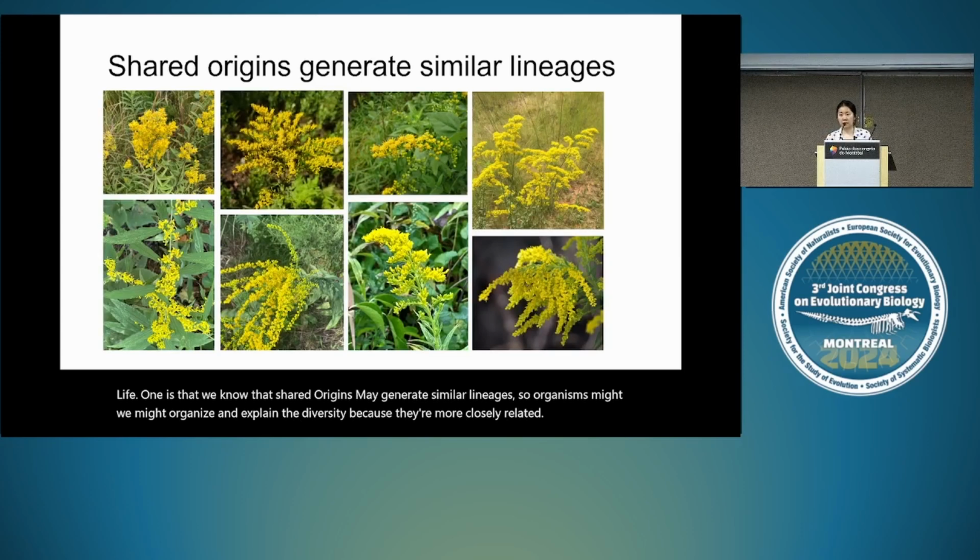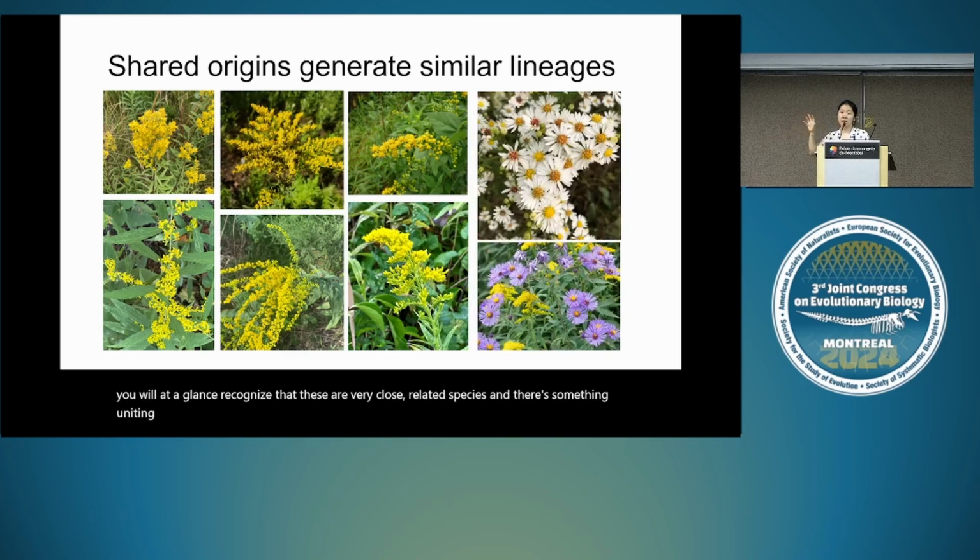Where I'm from, in New York State, in about a month or so, if you take a casual walk across any old field, you will see a consortium of different goldenrod plants in the field. The photos that I'm showing up here are 8 photos of 8 different species. Even if you're not a trained botanist, you will at a glance recognize that these are very closely related species, and there's something uniting them more so than any of them is to other Asteraceae in the field.